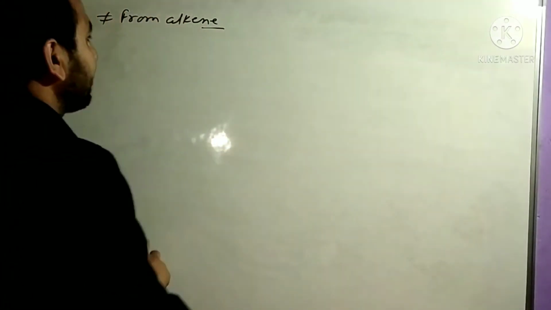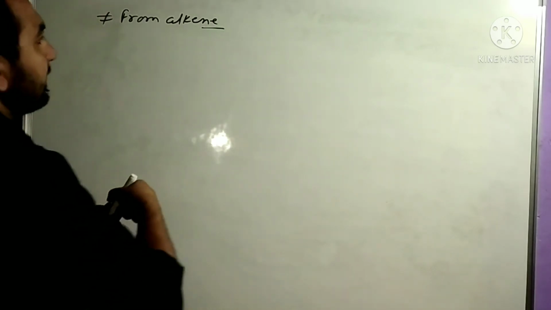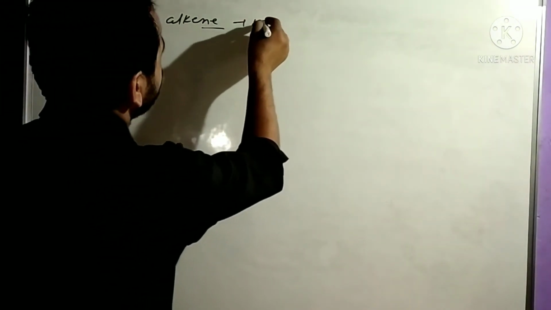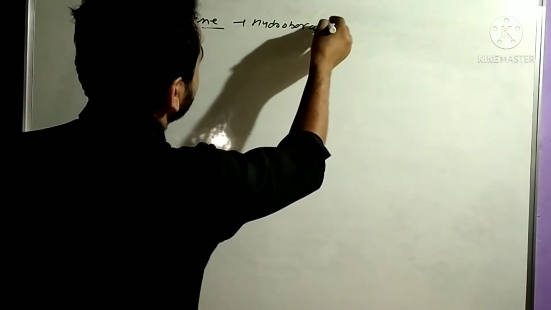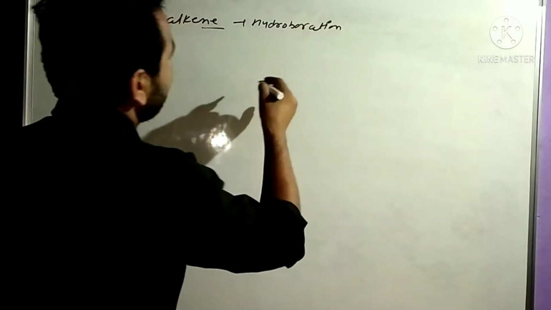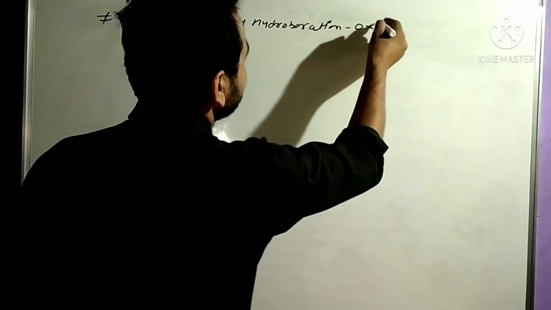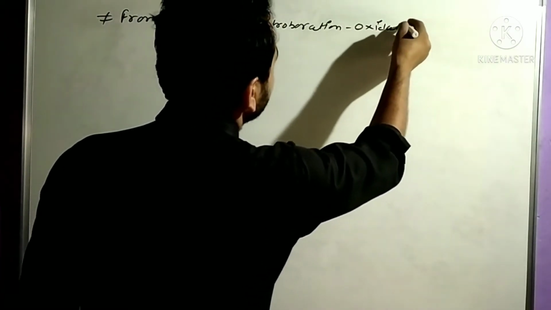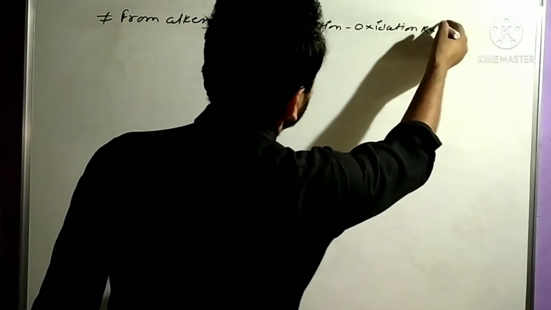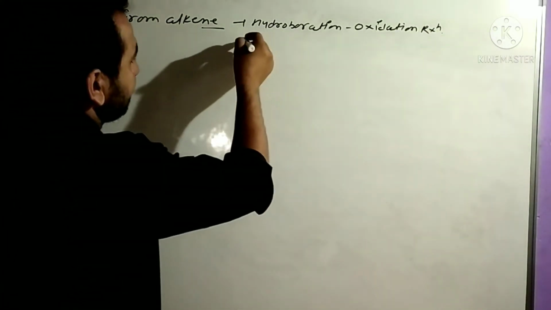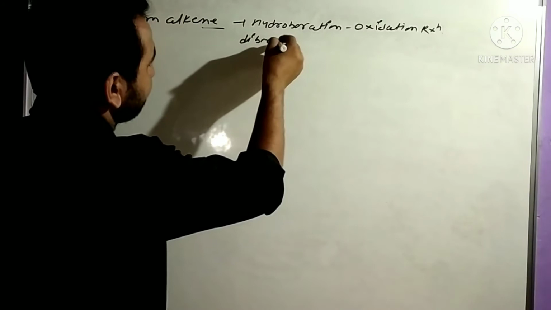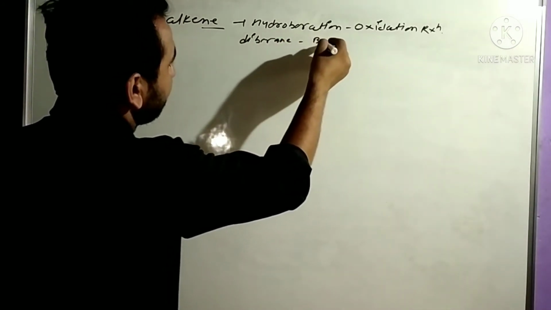See here, the reaction name is hydroboration oxidation reaction. In this reaction, you will see here, we'll add the diborane B2H6.